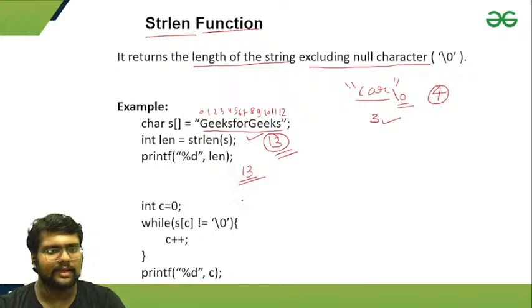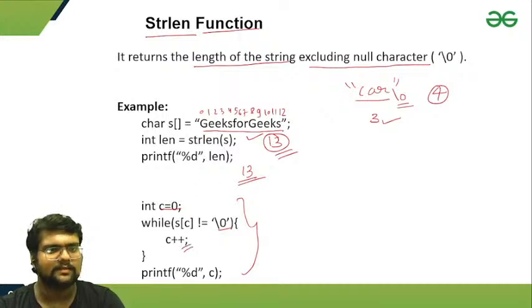We can also compute the length using this snippet, in which we have a variable c and count the number of characters in the string until the null character is found. We check whether s[c] is equal to the null character. If it is not equal, we increment c.